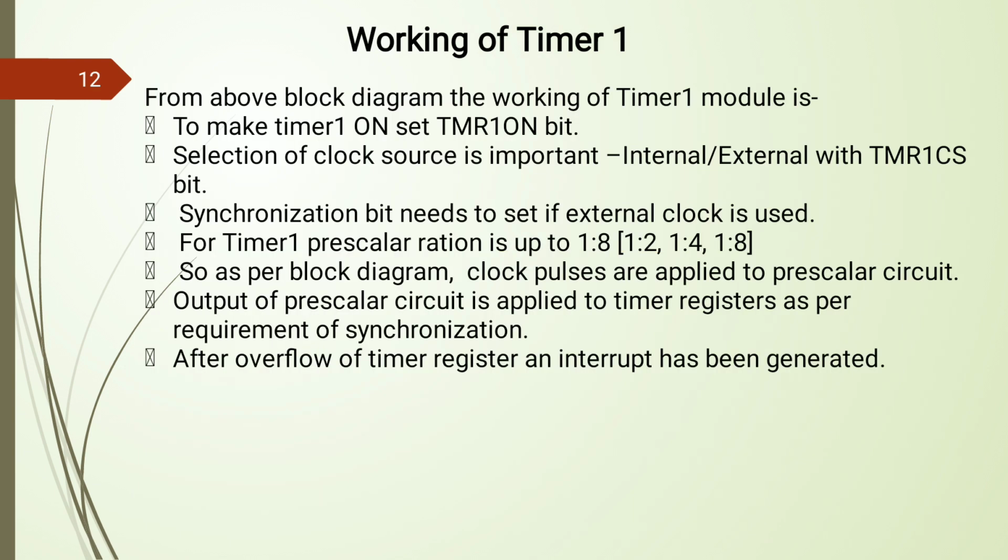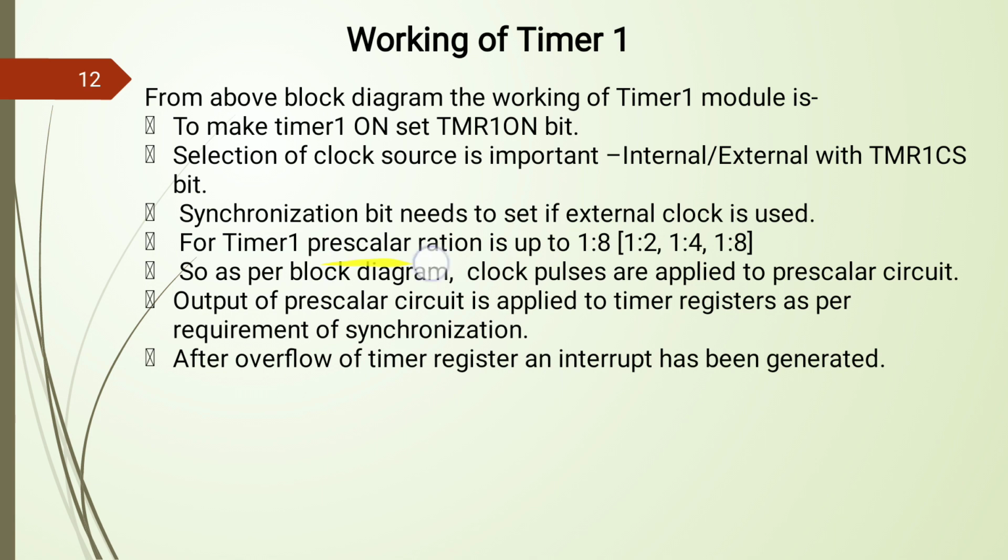Here again are some points related to timer 1 working. First you should set the TMR1ON bit to 1. After that, you should select whether the internal or external clock source is used. Then you decide whether synchronization is required or not, basically for the external clock source.